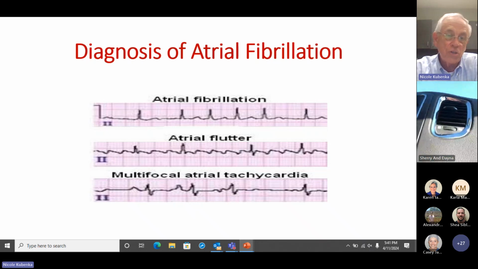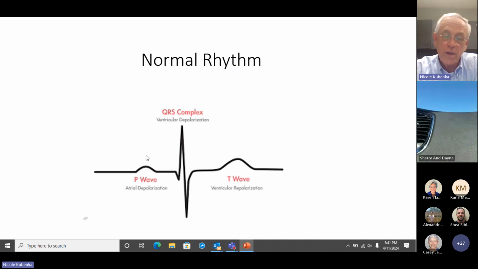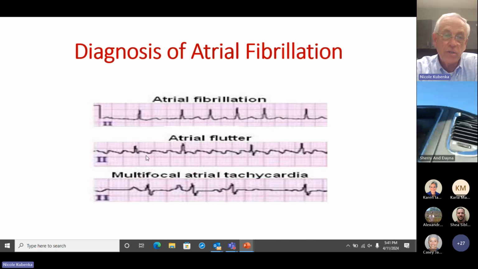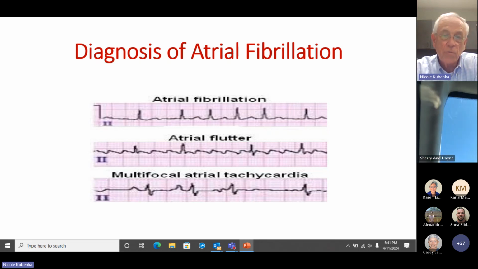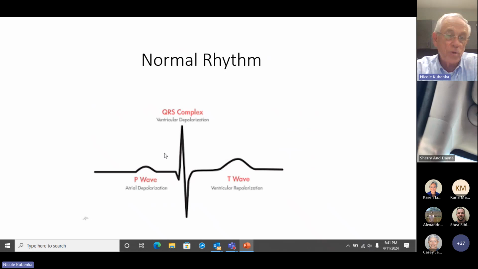And so these are almost like P waves, but they're not full P waves. They're just the atrium trying to contract, but not really contracting. And if you measure the difference between these flutter waves, it's always about one big square box. So one big square box is a rate of 300.